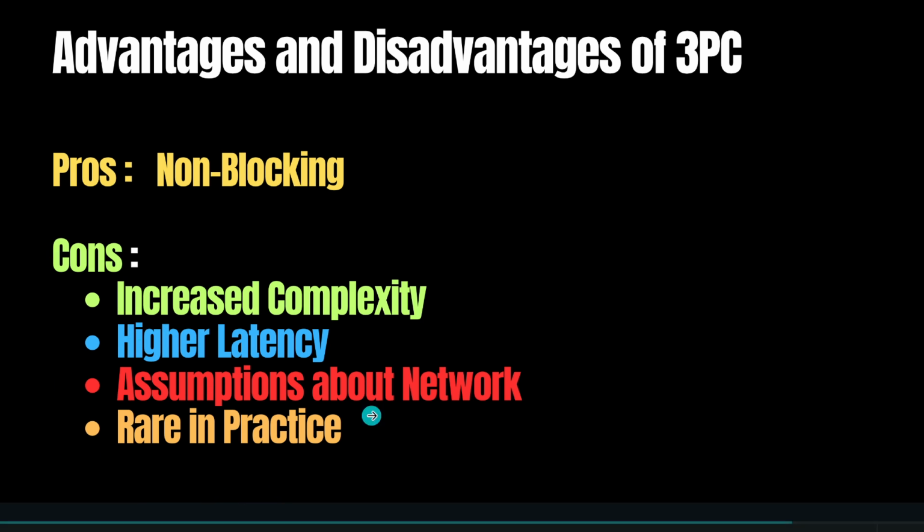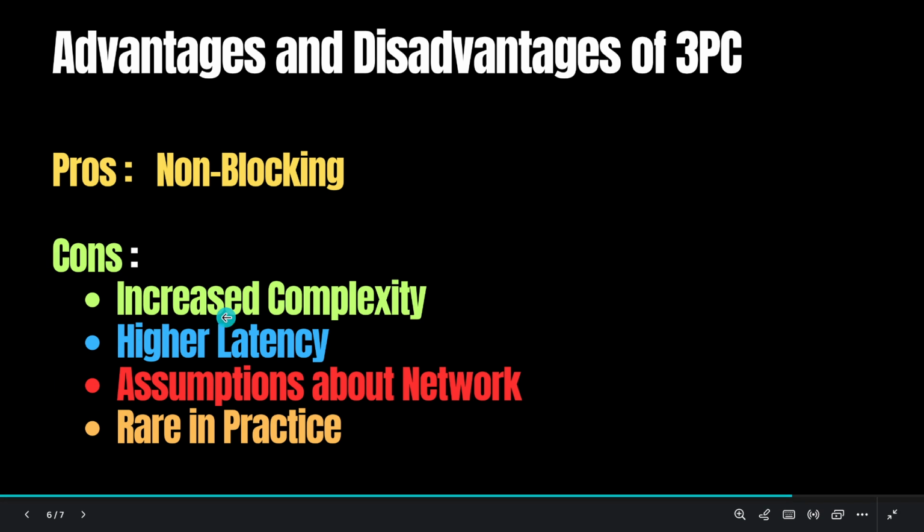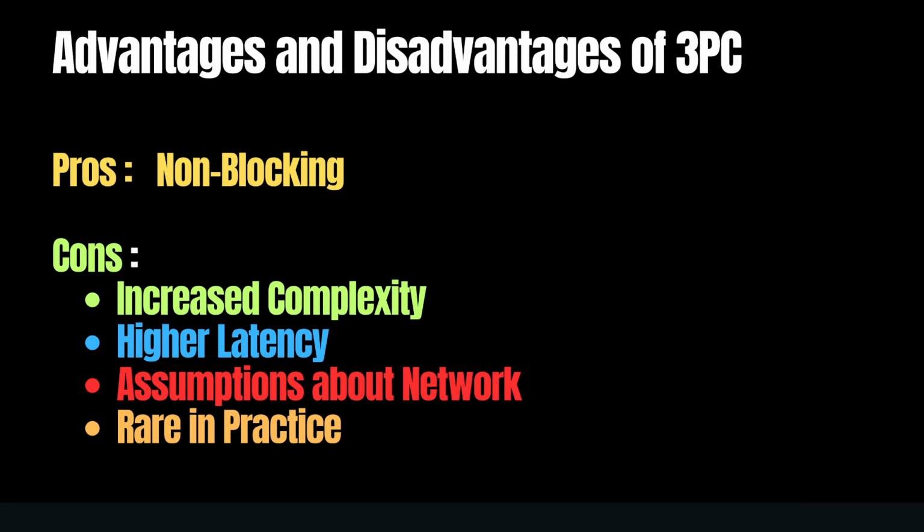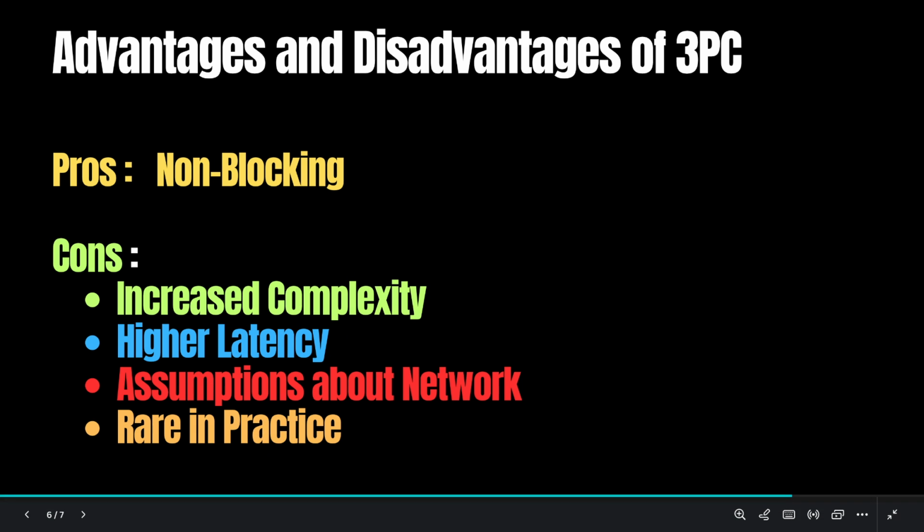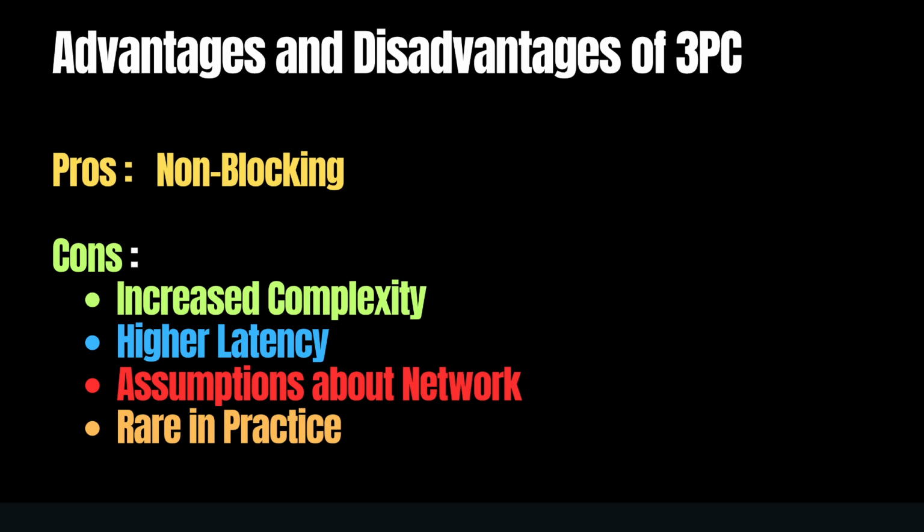The cons, we have 4 things we want to talk about. The first thing, which is quite obvious, is increased complexity. It adds another phase and more messages, making the protocol significantly more complex to implement and manage than 2PC. Number 2, we have higher latency because we have more network round trips, which will inherently increase the latency of transactions. Number 3, we have an assumption about the network: it relies on the assumption that network partitions do not occur.